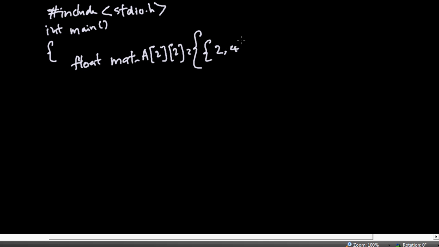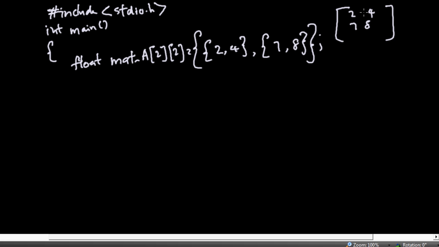Let's say 2 4 7 8. So you've created a matrix, a 2 by 2 matrix with 2 4 and 7 8 within it as the elements. Now you want to display it out.